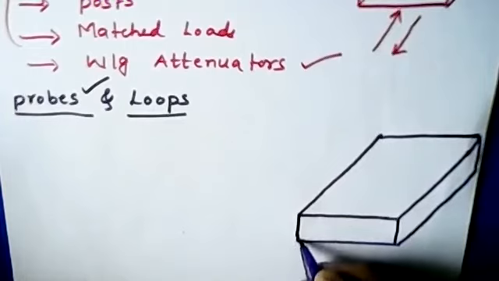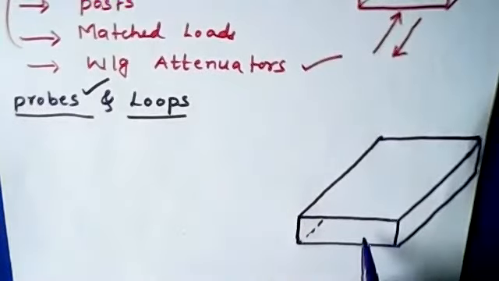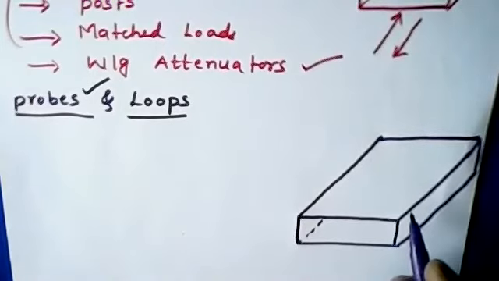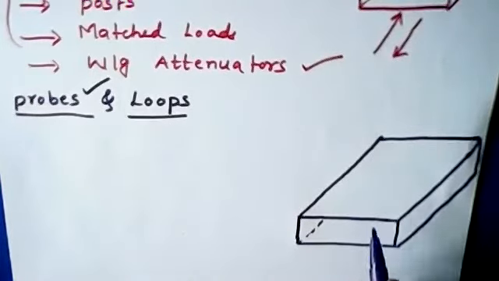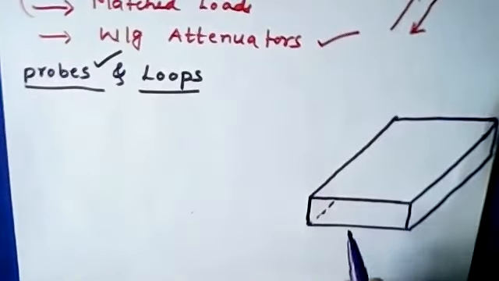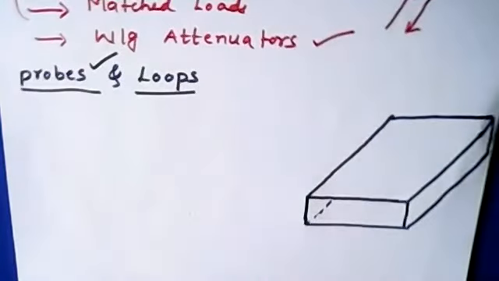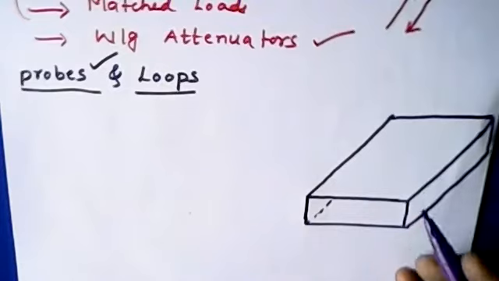So when the wave needs to propagate, let me explain how a probe is connected, which can be used to transmit the signals or can also be used to receive the signals. Okay, so in this case, it is taken as the probe.